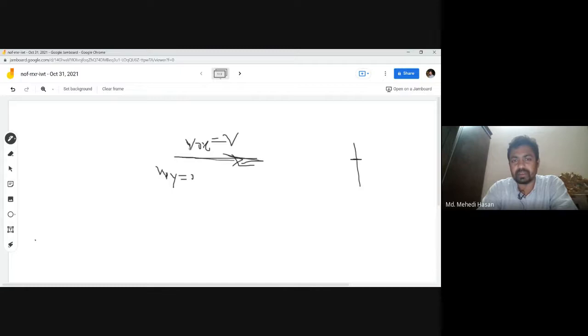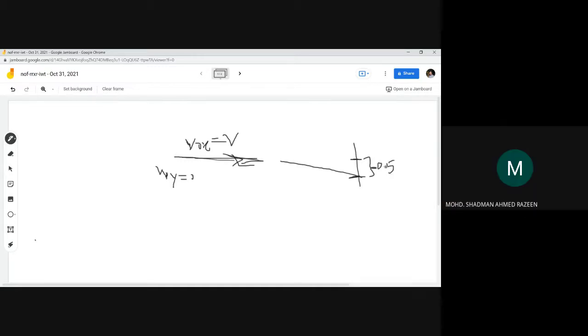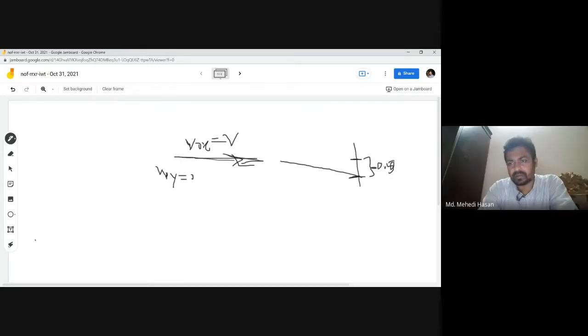The arrow hits at that point, and this distance is given as 0.05. Now if you use the y equation, y minus y naught equals v naught y t minus half g t squared.